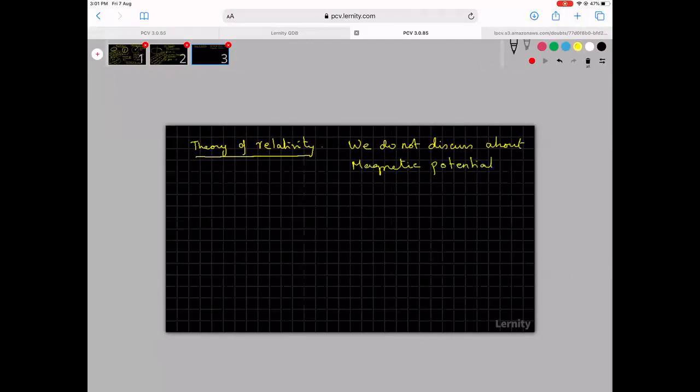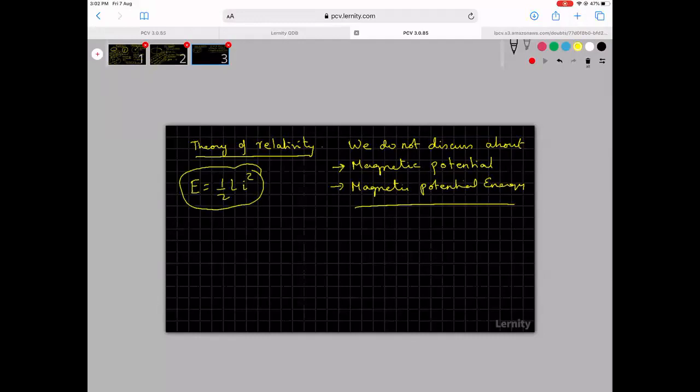In electricity, in charges, you had electrostatic potential, but we will never talk about magnetic potential or magnetic potential energy. We will say that if there is a magnetic field, there is an energy, and that energy is equal to half into L into I squared. But we will never talk about magnetic potential or magnetic potential energy.